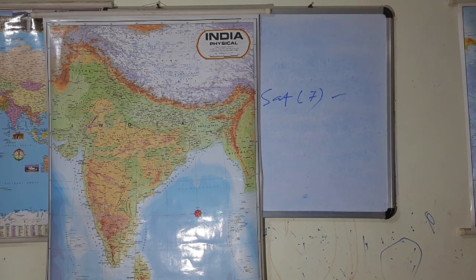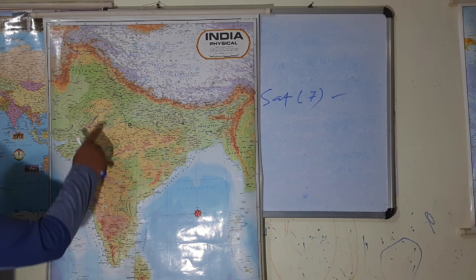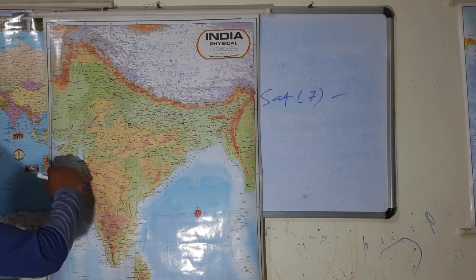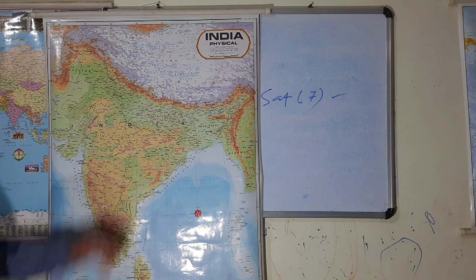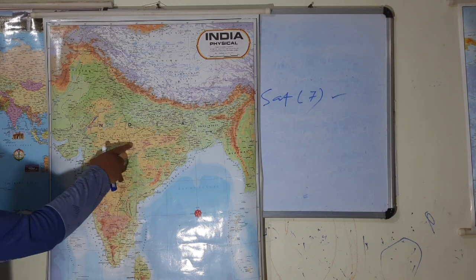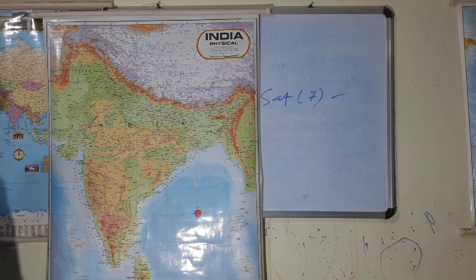As I told earlier, the estuaries in the Gulf of Khambat are formed by the Narmada, Tapi, Mahi and Sabarmati. The two major rivers, Narmada and Tapi, originate from or above the Satpura range. Clear?